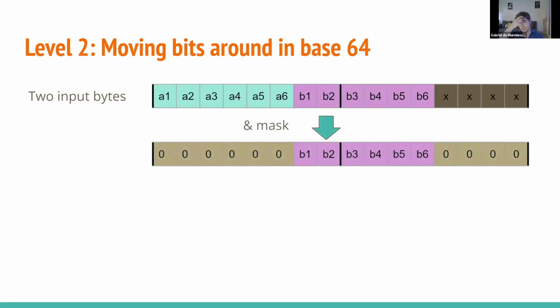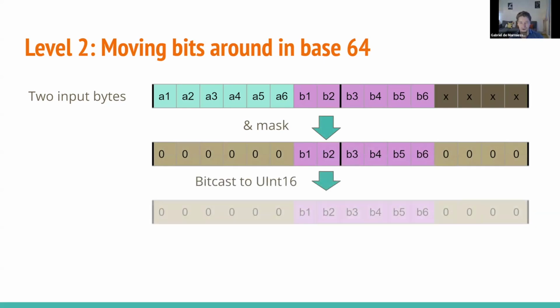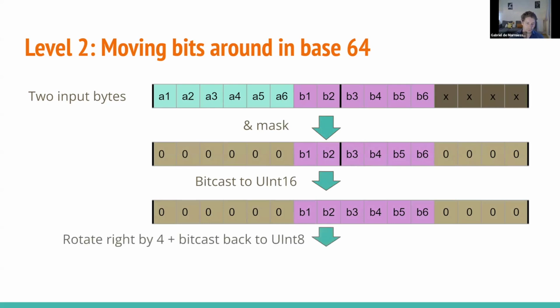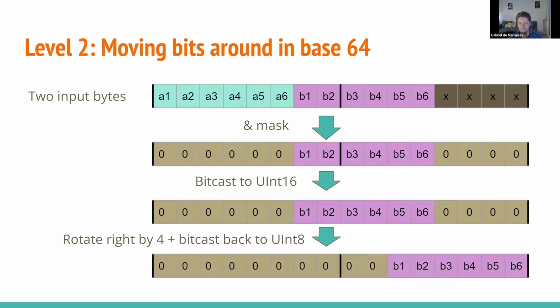And then here comes the magic trick. So what you can do is you can do a bit cast. If you start doing a bit cast and working with UInt16 instead of UInt8, then you don't have this boundary anymore. And then you can do a rotate of the bits to shift them across the boundary. And then you have the pattern that you wanted.